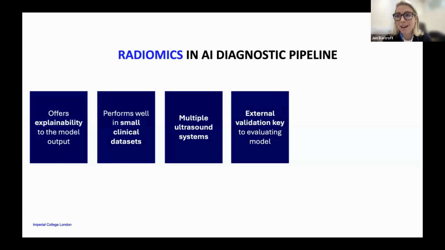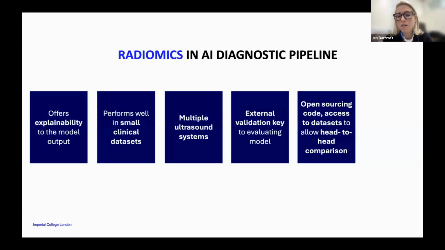And as we've highlighted, external validation, as we know, is really important to evaluating a model to know its performance. Our aim, of course, is always to facilitate, or to hope for collaboration with other groups to facilitate open sourcing of not only the code, but also the data sets to allow head-to-head comparison of various models on different data sets to truly work out how they compare.